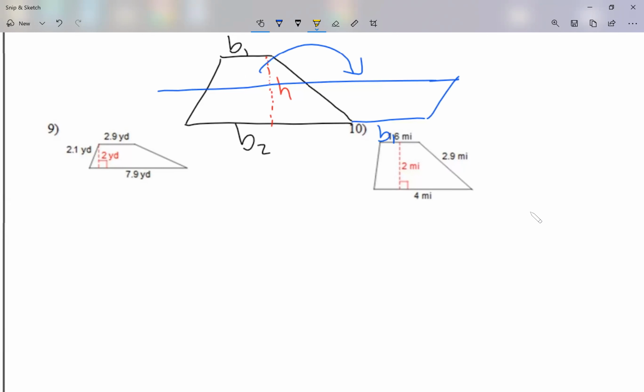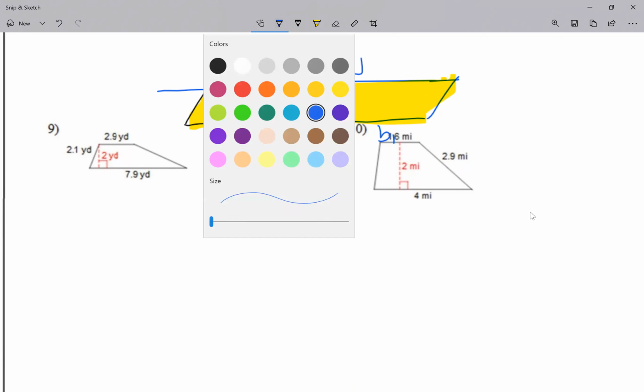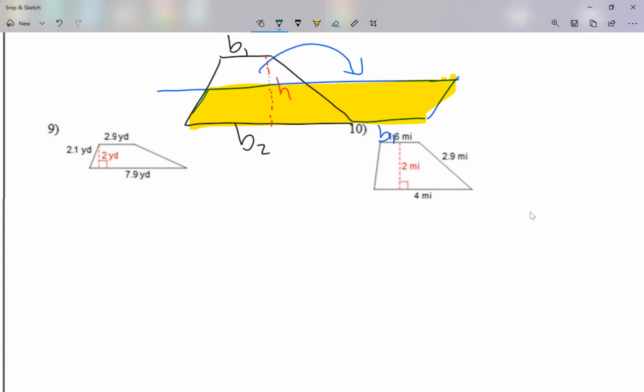Now, interesting. Let me highlight what I have left over now. What shape is that? Have you guys seen that shape before? Let me highlight it with, let's say, green here. Yeah, that's a parallelogram.